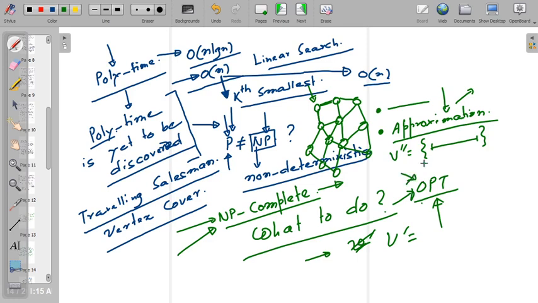Then how can you design this V prime set which is optimal? We don't know any algorithm, but you are telling that we will be finding one. So is it not contradicting the idea that you are putting forward?